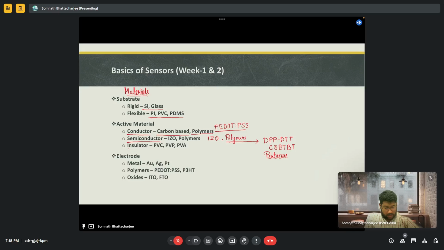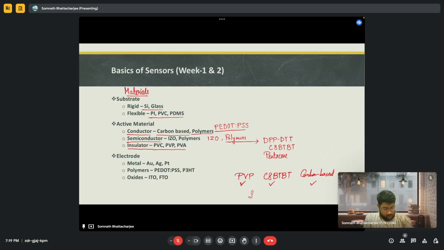Now insulators can be specifically polymers, like PVC, PVP, PVA. The main reason to use these polymers is to induce flexibility inside your device. So if you are using, let's say, PVP as an insulator, a semiconductor like C8-BTBT, and very small conductors or carbon-based conductors, this thing is flexible, this thing is flexible, and this thing is flexible.